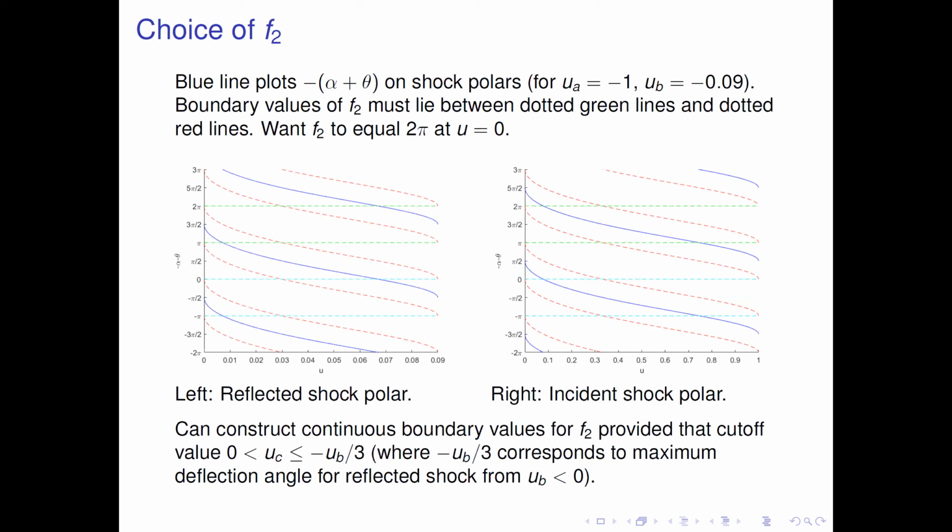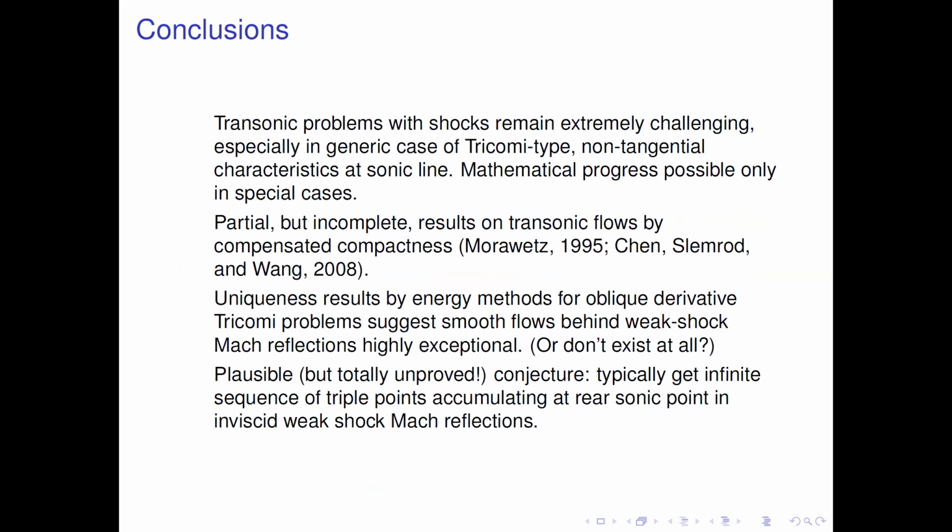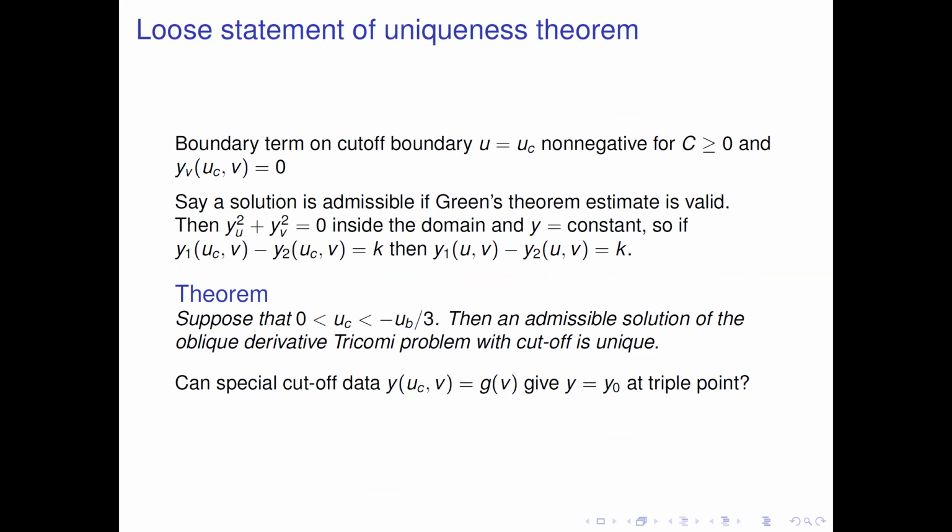It's actually pretty complicated to go through, and I spent a lot of grief trying to understand the first of Morawetz's papers to implement it. But I'll just say, under certain circumstances, you can indeed conclude that there is a unique admissible solution.